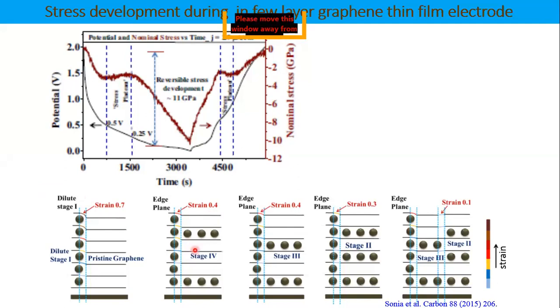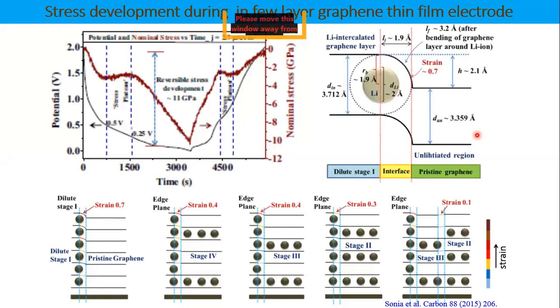With progress of the cycle, the randomly distributed lithium arranges in a proper fashion and this strain value starts to decrease. With stage 2 or stage 1, the strain becomes around 0.1.